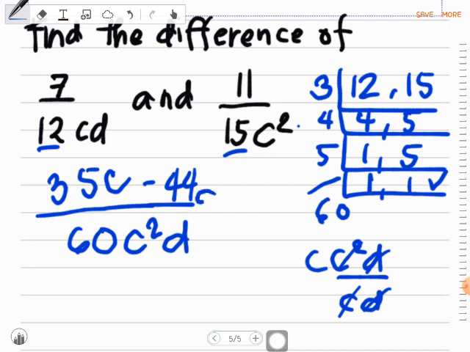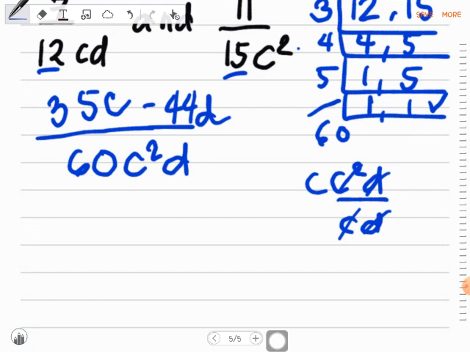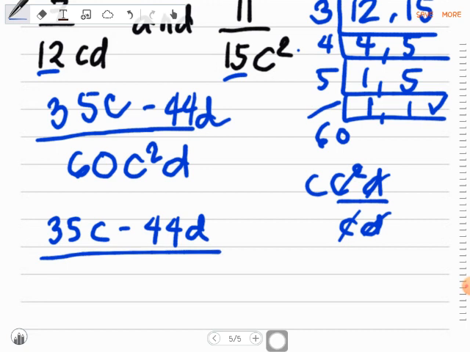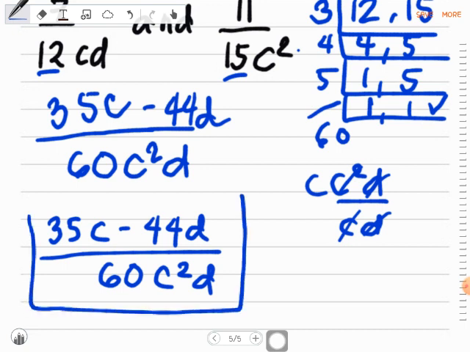So, matitira na lang is letter D. That's why, for the final answer in this particular example, we have 35C minus 44D all over 60C squared D. Hindi na natin siya pwedeng i-simplify. Yan na yung ating final answer.